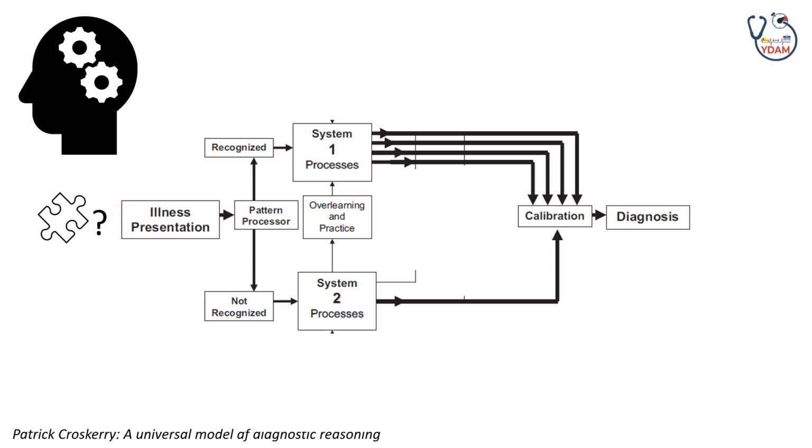Gary Klein, another cognitive psychologist like Daniel Kahneman, talks about how, when we are approaching a problem like this, it's not like piecing the puzzles together. It's like having 6 different puzzles where we don't have the frame. We don't know how the picture should come out in the end.